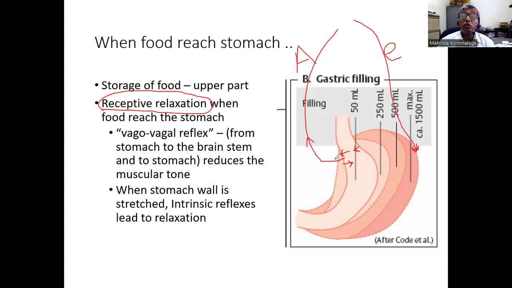Afferents will go through which nerve? What's the main nerve, the cranial nerve, that connects the stomach to the brain?